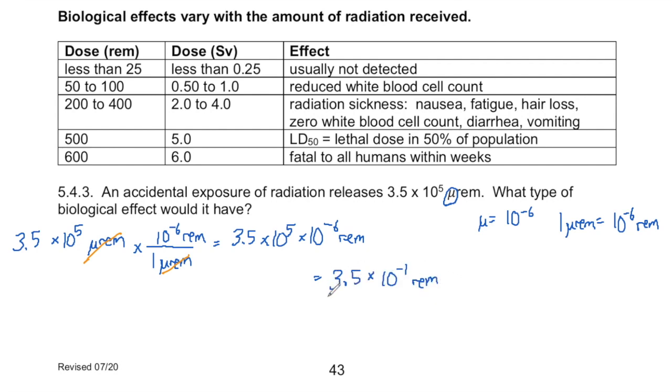So that gives us 3.5 times 10 to the minus 1 rem, which is 0.35 rem, which is a very small dose, way less than 25. So this would be not detected. So the effects of this are so small that nobody is going to even notice. Does not do any significant damage to the human body.